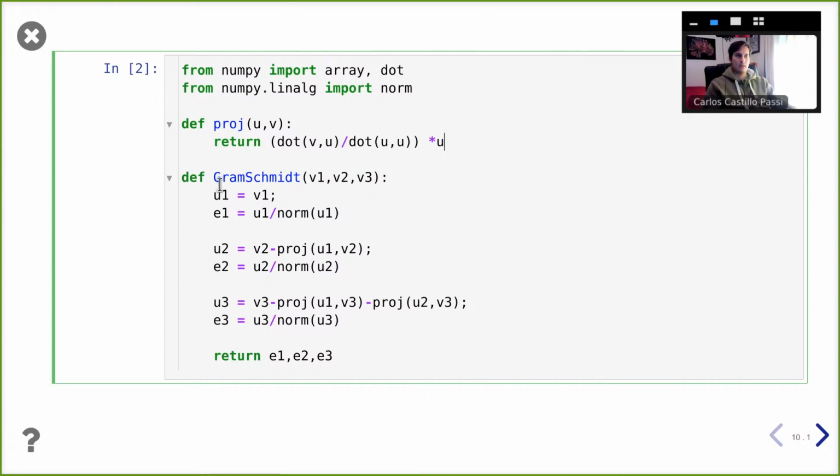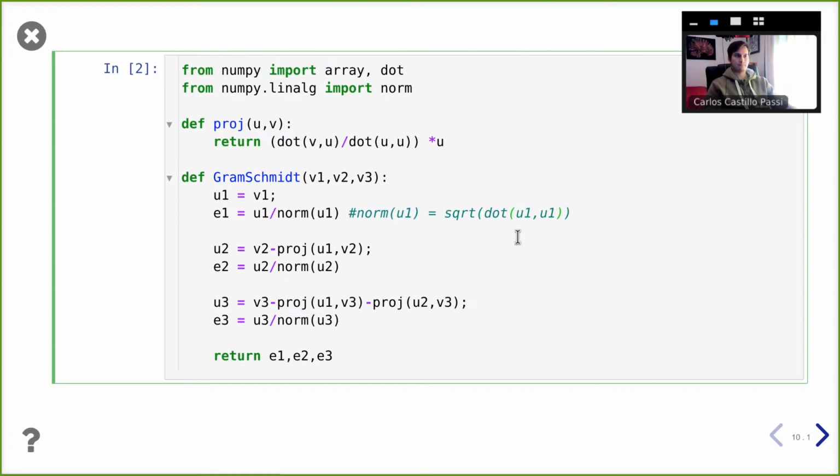Then the Gram-Schmidt procedure tells you that if you receive three vectors, v1, v2, v3, the first one, you just keep it as it is. Then you can normalize by dividing by the norm. Just to clarify, the norm of u1 is the same as the square root of the dot product between u1 and u1.